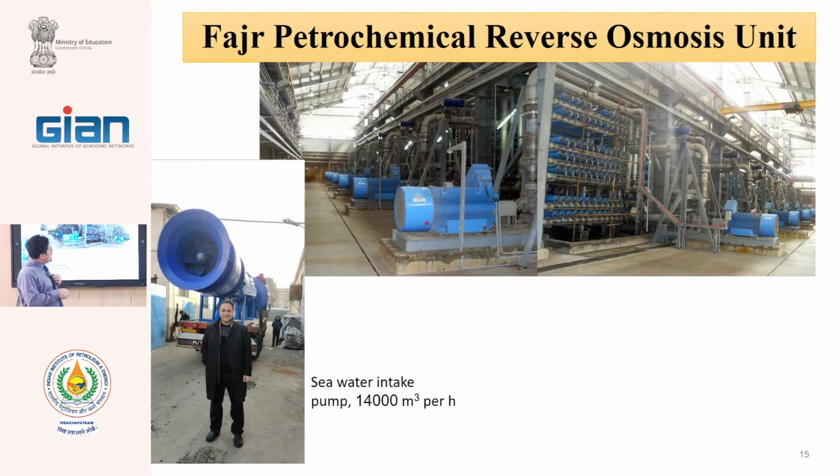This is one of the pumps of these systems for transferring the water from the sea to the entrance of these units. And these are the pressure pumps, whose height is 3 meters. And this one pump you see is on a very big tier. Therefore, it's very big.